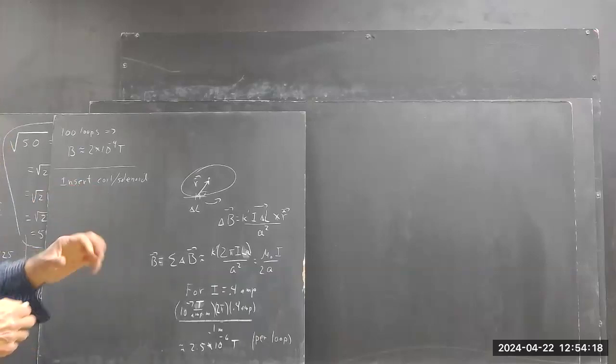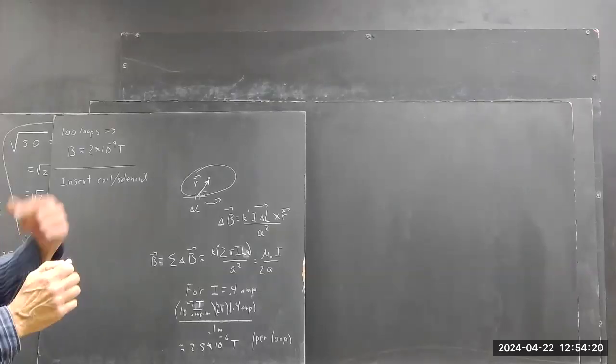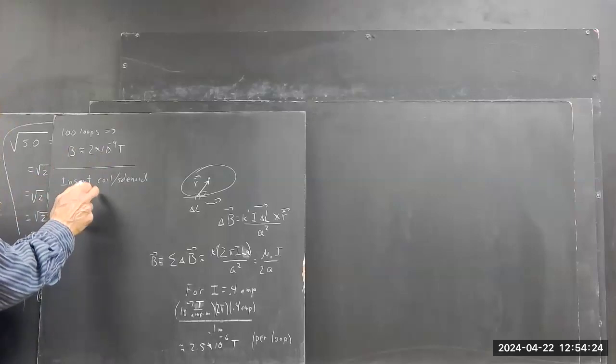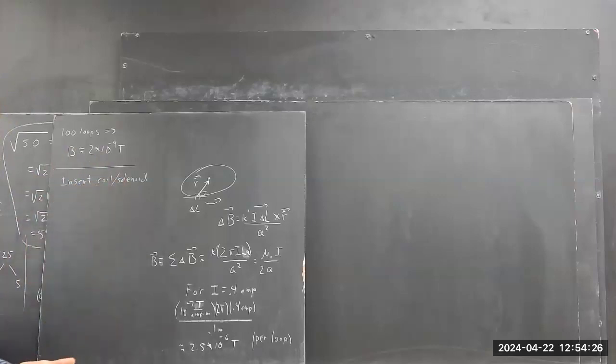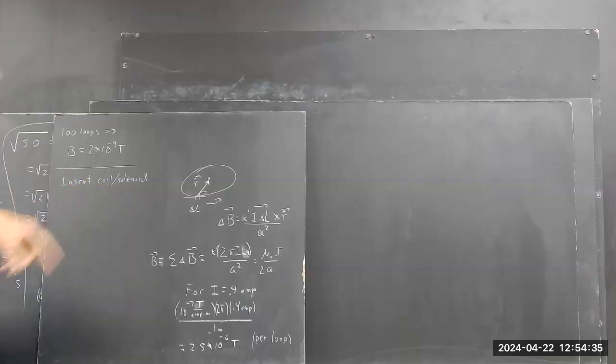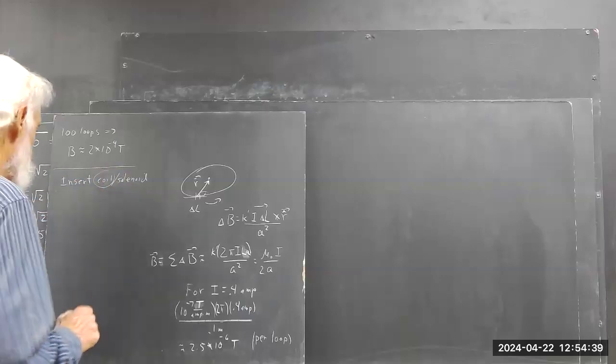Or a tightly wound coil where all the loops are pretty much in the same plane. We don't have that either. So I just say it's kind of a coil solenoid. We're not going to be real accurate in approximating it, but we're not going to be that inaccurate either. So we insert a coil solenoid and we'll treat it as if it's just a coil. Okay.